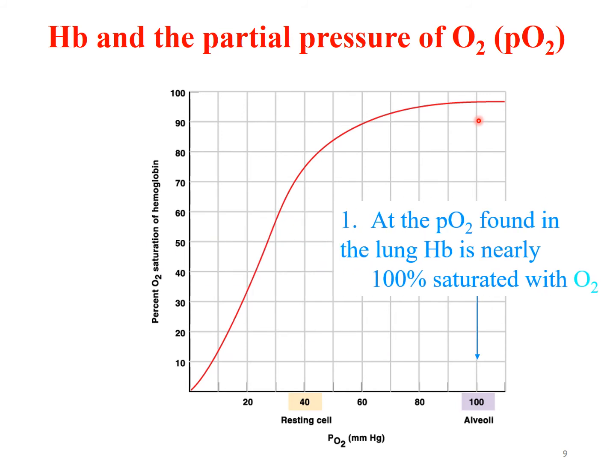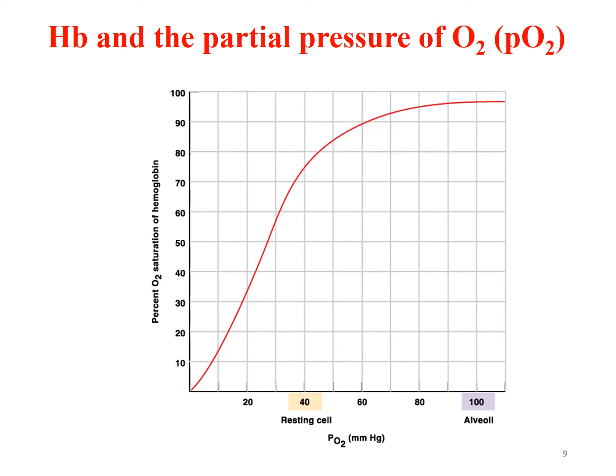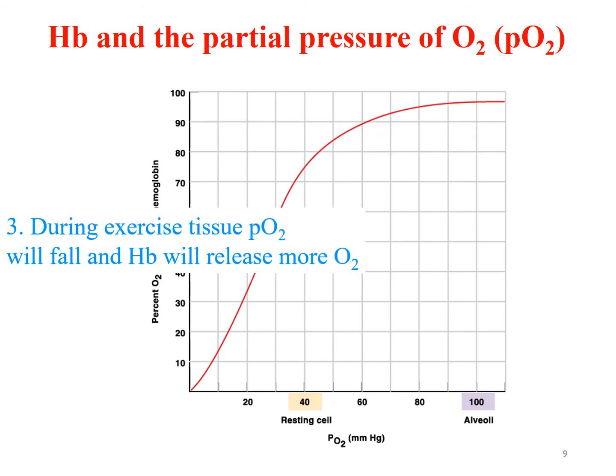But in your resting tissues, when you have a lower PO2 level at 40 millimeters of mercury, the hemoglobin is about 75% saturated with oxygen. In other words, only 25% of the oxygen has been released. But during exercise, when you have an even lower PO2 level, you can see that more oxygen can be released. So it is important for hemoglobin not just to be able to bind oxygen, but to be able to release it as well.